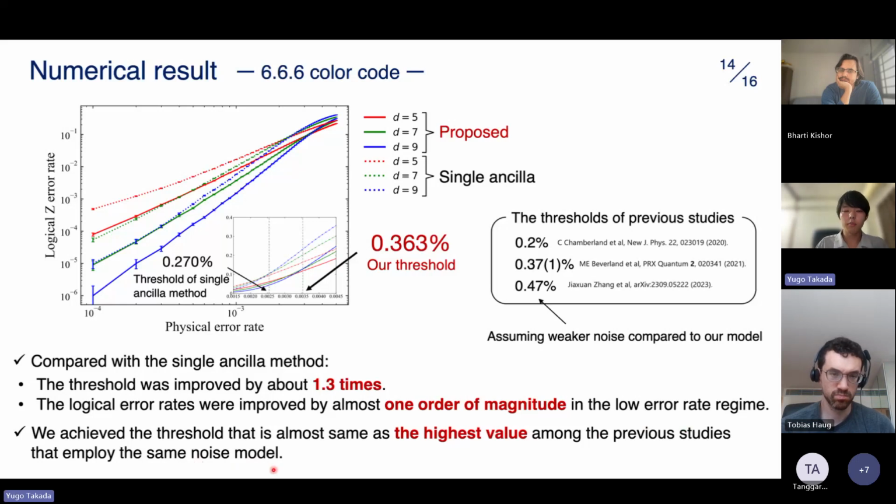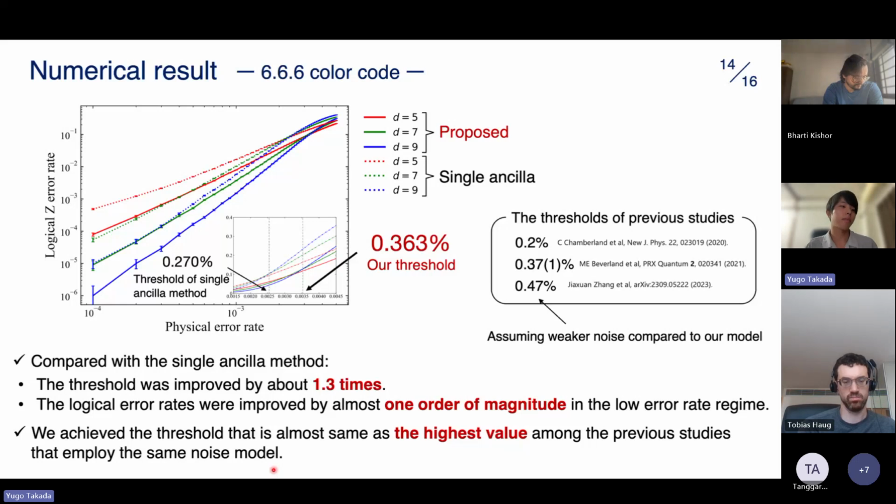And in our method, the logical Z error rate is slightly lower than that of the logical X error rate, because the schedule of the syndrome measurement we use is that first we perform all X stabilizers and then perform Z stabilizers.